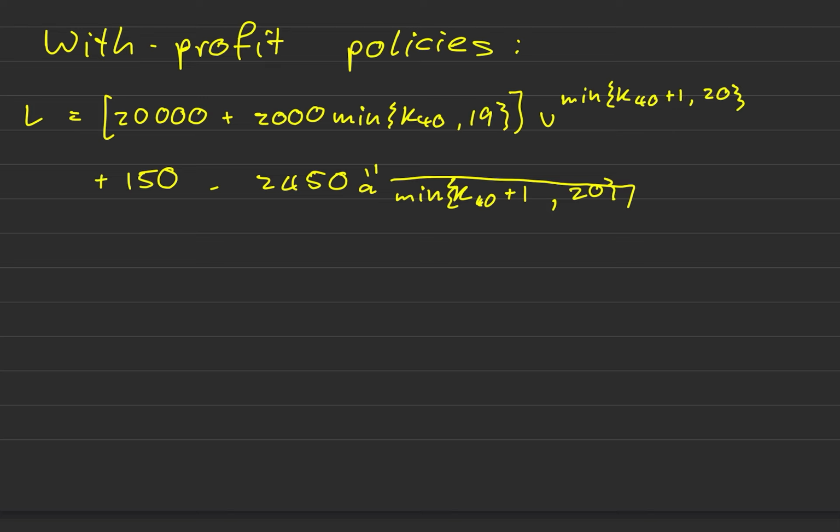So if they died in 5.5 years' time, they had 5 whole years of life. K40 would have been 5. Then they get paid at time 5 plus 1, which is 6, at the end of the year of death. Okay, so we understand that. The 150 we understand, that's the initial expense. Now this we understand, with similar reasoning to that there.